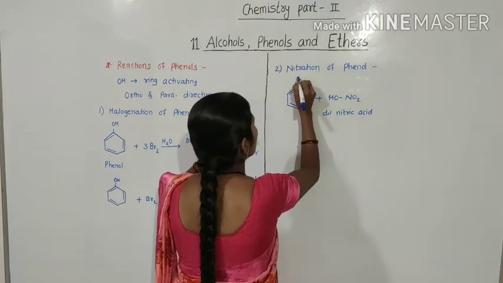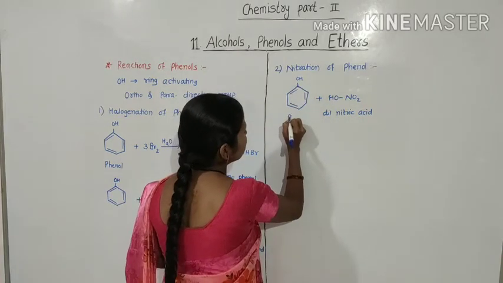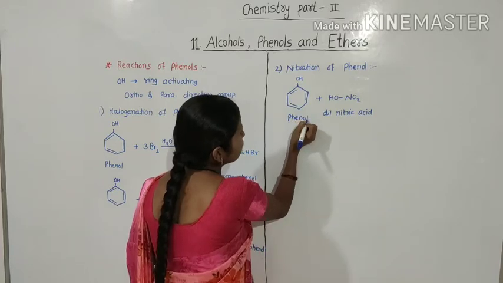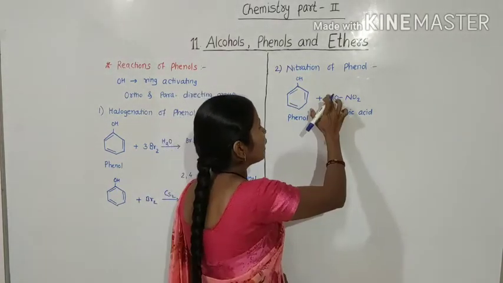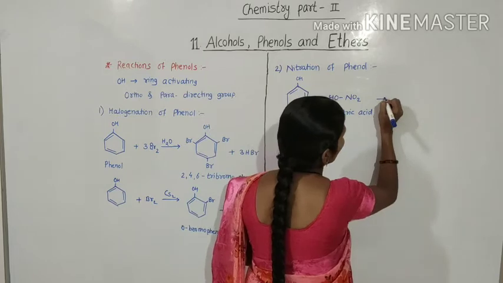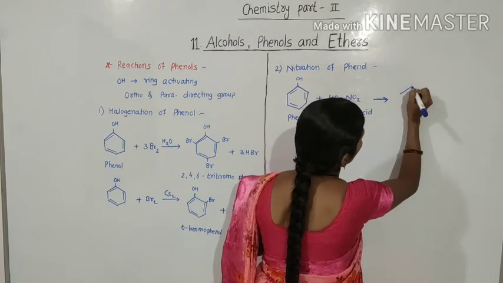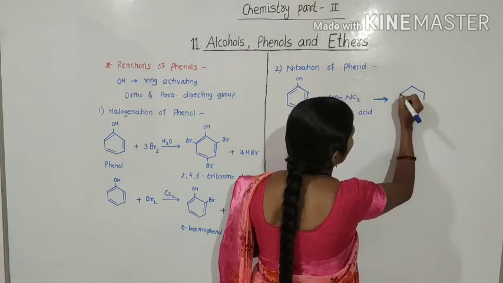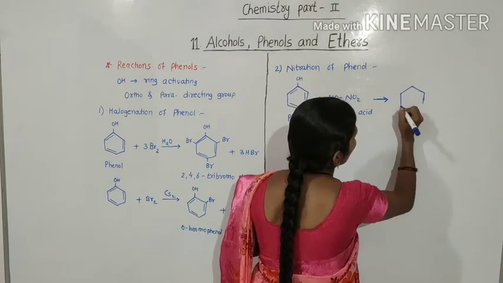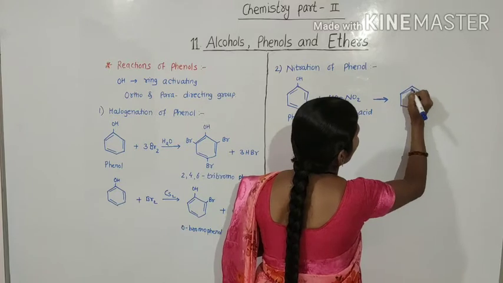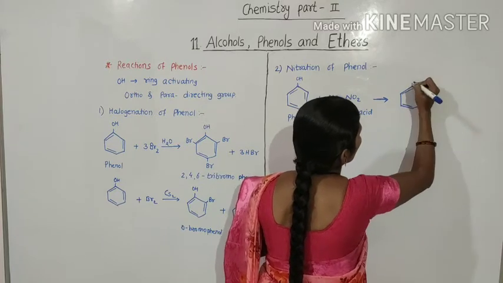So phenol treated with dilute nitric acid forms a mixture of ortho and para nitrophenol.